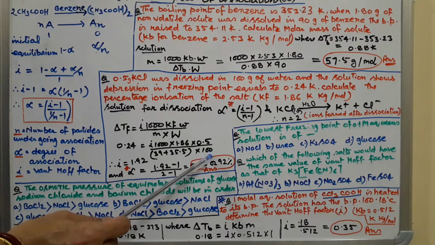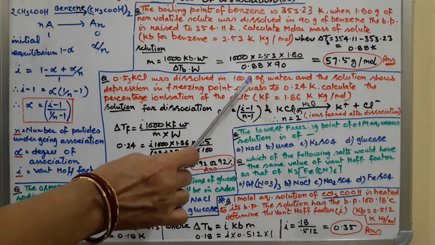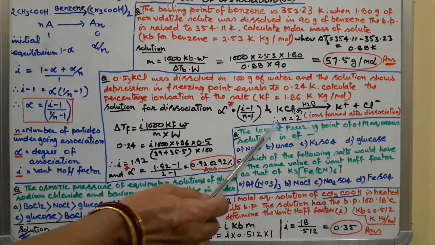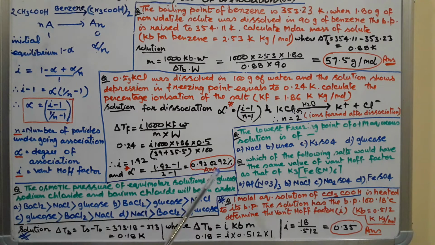It is capital W. What is 100? Dissolved in 100 grams of water. So finally I am getting the value for i, that is coming 1.92. Putting this in the formula, this alpha is coming (1.92 minus 1) upon (2 minus 1), because n is 2, and the answer is 0.92 or 92%.